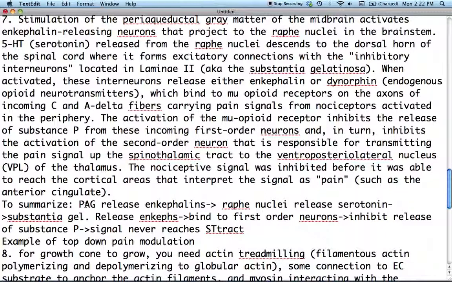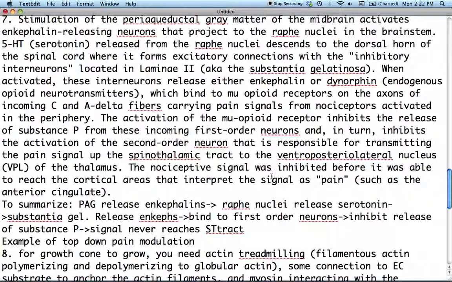Basically, the periaqueductal gray matter, which is gray matter surrounding the aqueduct between the third and fourth ventricles, is going to release enkephalins. This is where the neuronal cell bodies are, but the neurons project to the raphe nuclei.